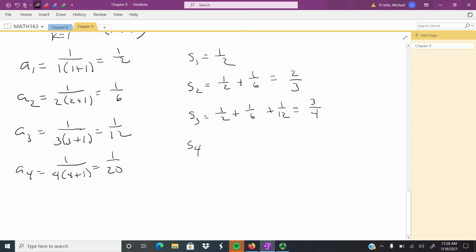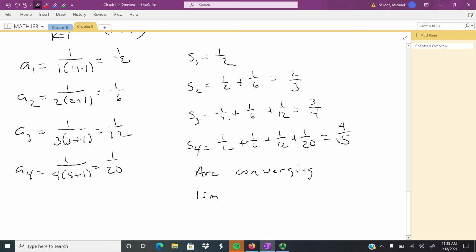And S sub 4, 1 half, 1/6, 1/12, 1 over 20, and we end up at 4/5. So it looks like we are converging. And it looks like the limit here, as n goes to infinity, of S sub n is going to be 1.